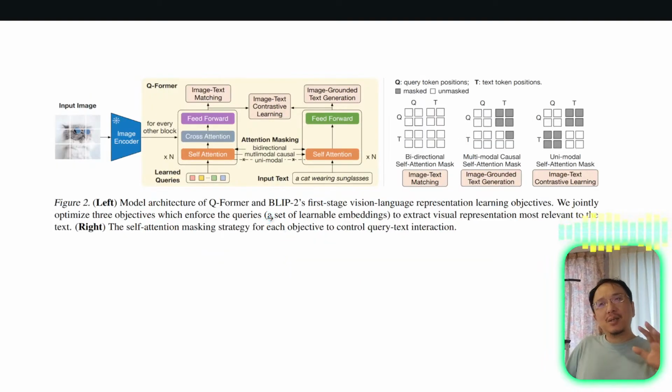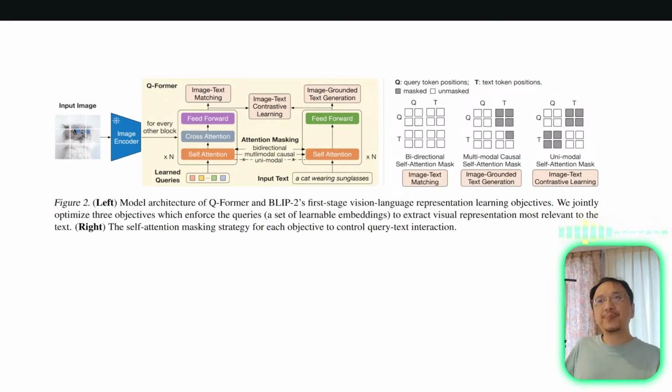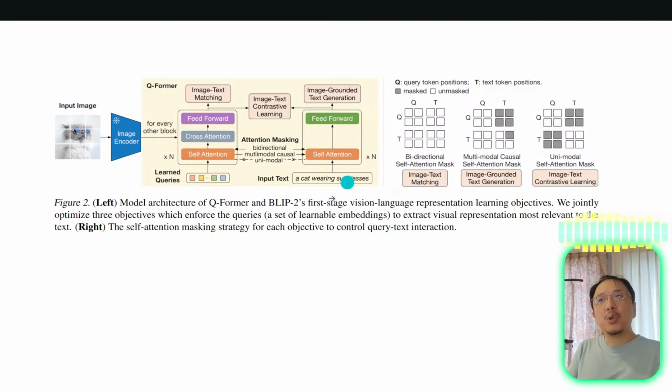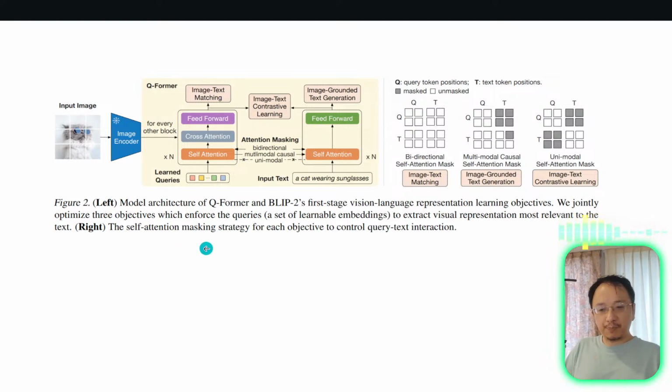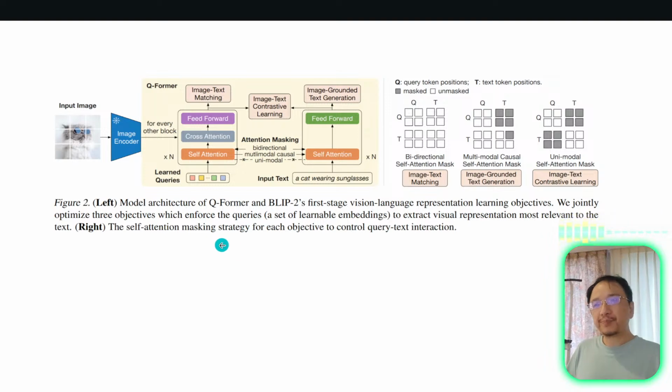It is also like BLIP-1. It has three different objectives: contrastive learning, like a binary classifier, and another is a language model. So it's still using a unified way and a bootstrapping way to do the training.